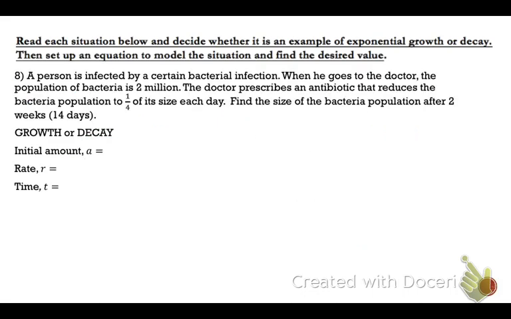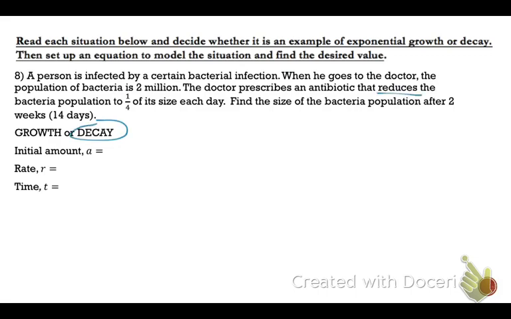Number 8, a person is infected by a certain bacterial infection. When he goes to the doctor, the population of bacteria is 2 million. The doctor prescribes an antibiotic that reduces the bacteria population to 1/4 of its size each day. Find the size of the bacteria population after 2 weeks. So it's reducing.